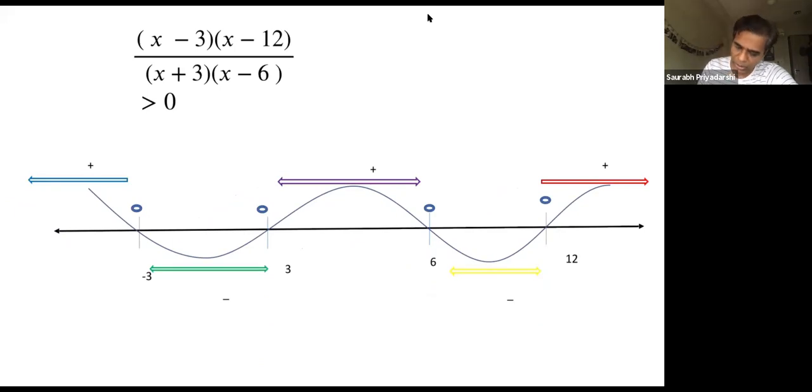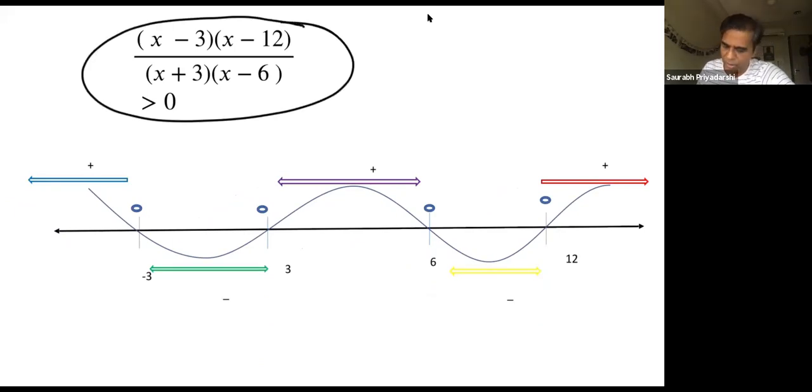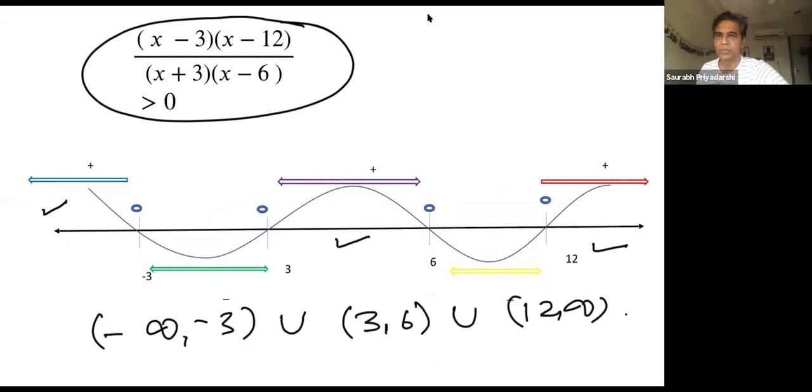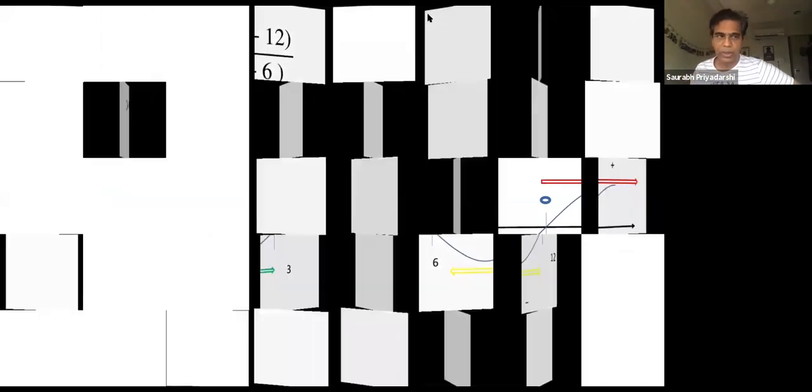Look back at the question. The question asking is this is greater than 0. Greater than 0 means the positive part, the positive part, the positive part. Minus infinity to -3, union 3 to 6, union 12 to infinity. Okay, now the next one.